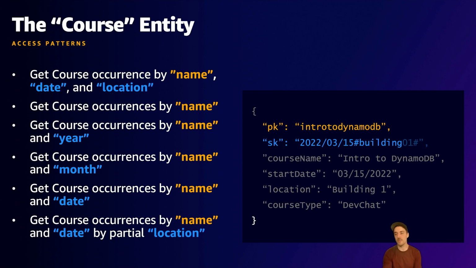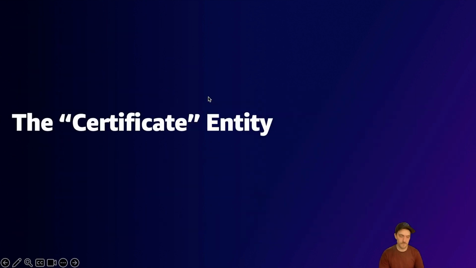Well, I can only go to the buildings or something, right? So maybe it's part of the location that we need to go. And then eventually you provide everything and it goes back to get course occurrence by name, date, and location.